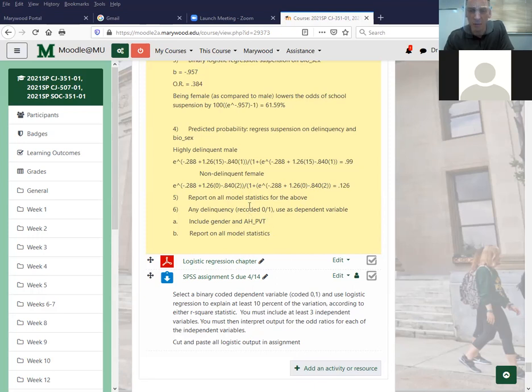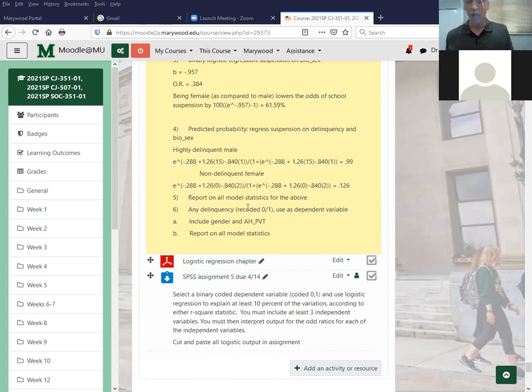Okay, that I think we've done already. Let me do something else instead. Let me look at the effect of some of these variables, gender and AHPVT and delinquency, on the odds of being suspended.